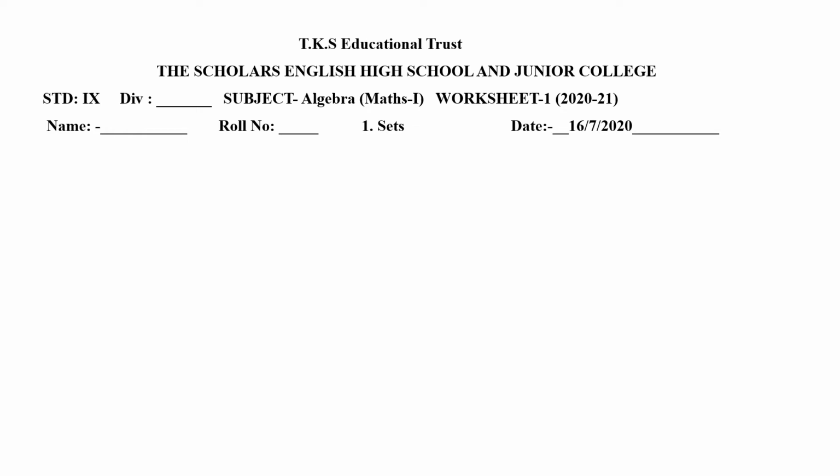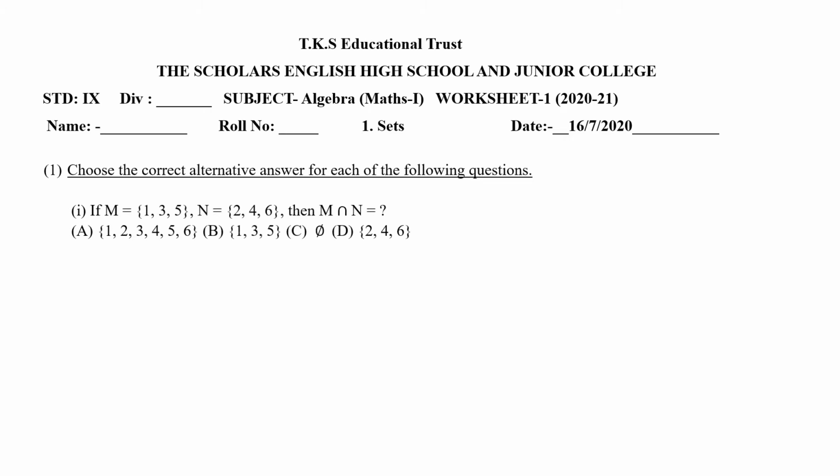Now, the first question is an MCQ, multiple choice question. If set M equals {1, 3, 5} and set N contains elements {2, 4, 6}, then M intersection N equals: option A, 1, 2, 3, 4, 5, 6; option B, 1, 3, 5; option C, empty set; and option D, 2, 4, 6.